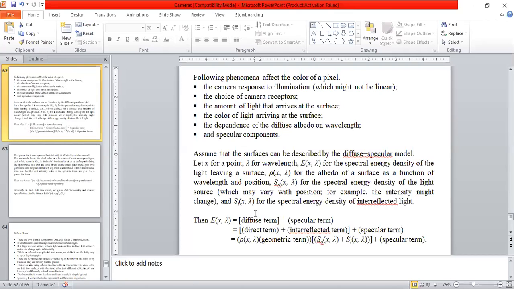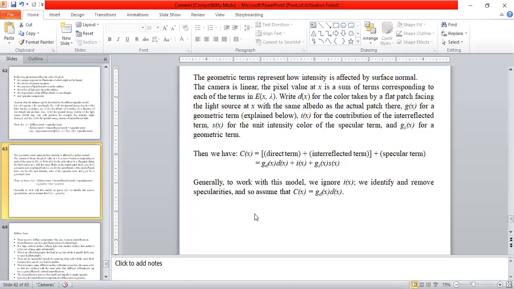What are SD and SI? SD is the spectral energy density of the light, and SI is the spectral energy density of the interreflected light ray.